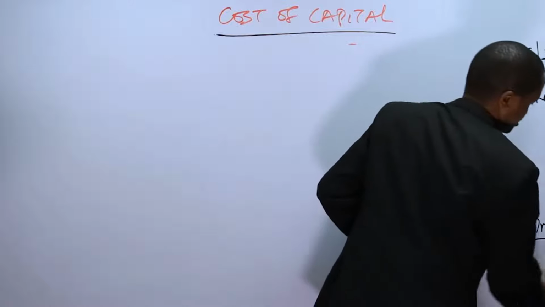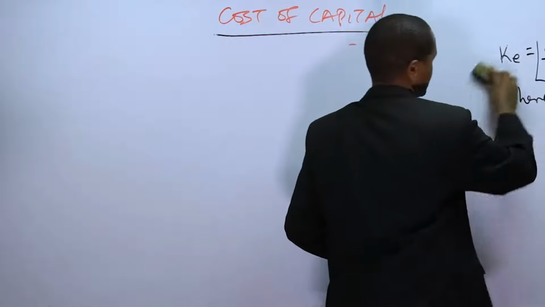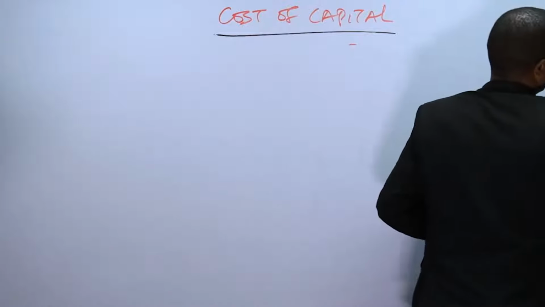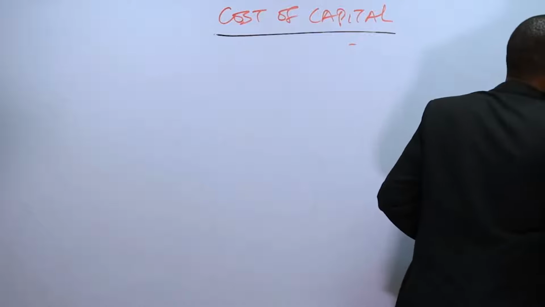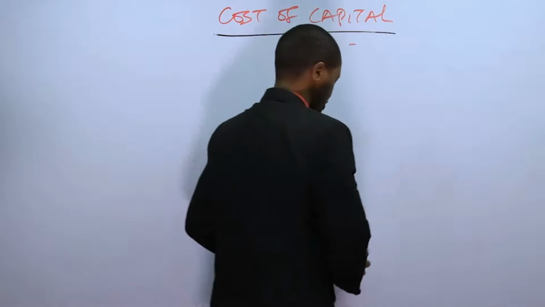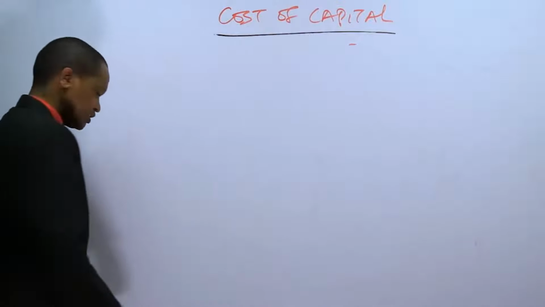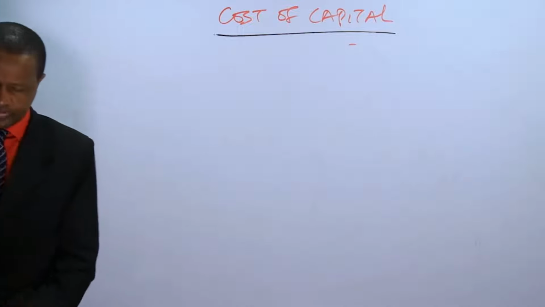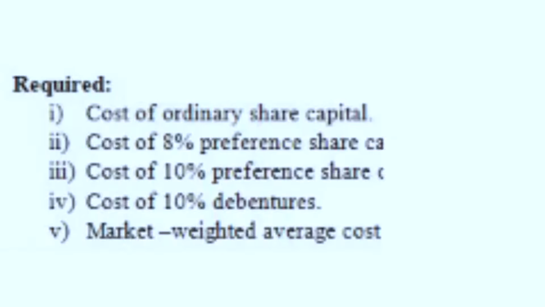Then number 2, as for the debt, we need to determine, is it a redeemable debt or is it irredeemable? So from this question, part 1 requires us to calculate the cost of share capital.